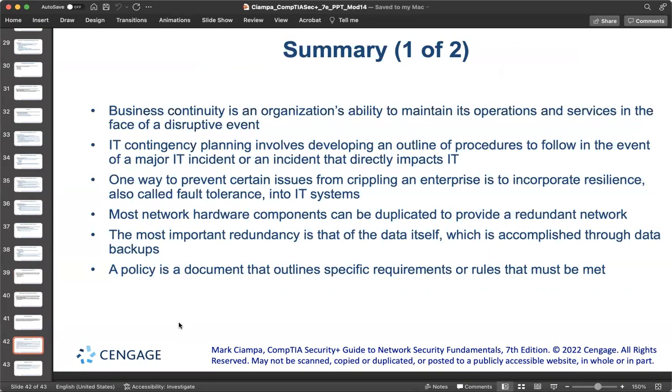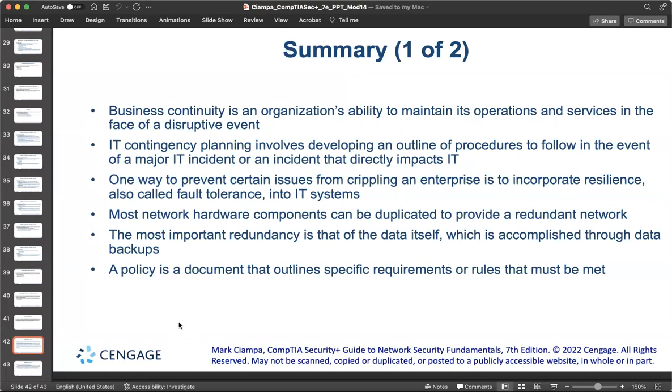Okay, let's go over what we covered in this video. Business continuity is an organization's ability to maintain its operations and services in the face of a disruptive event. IT contingency planning involves developing an outline of procedures to follow in the event of a major IT incident or an incident that directly impacts IT.